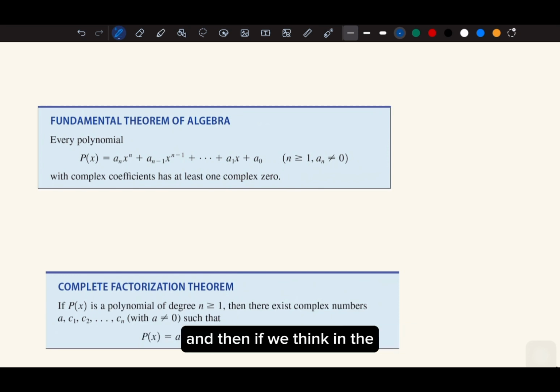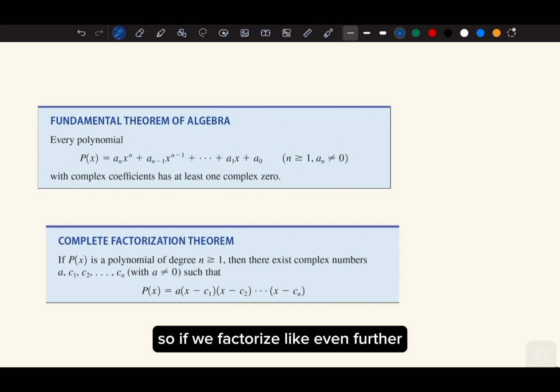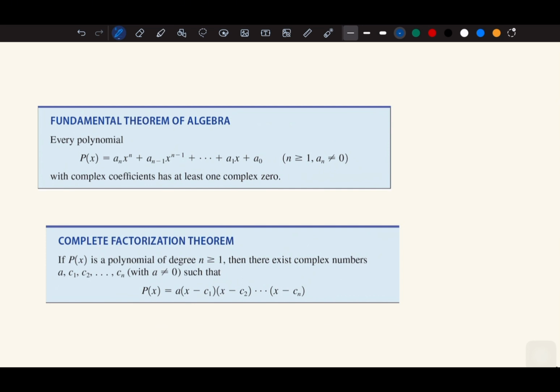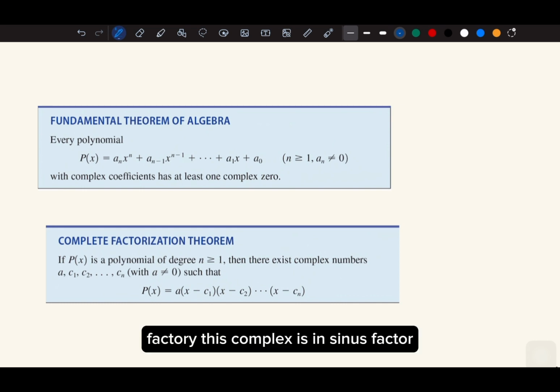And then if we think in the factors, if we factorize even further, if p(x) is any polynomial with degree n more than 1, there will be a complex number such that when we are factoring, this complex is inside this factor.